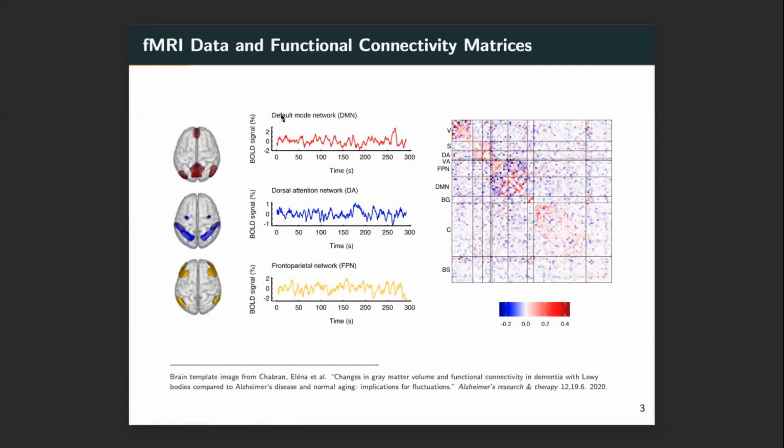So I just want to give a quick introduction to fMRI data and what functional connectivity actually is. In an fMRI study, a subject puts their head in a big scanner with a large magnetic field that aligns the hydrogen protons in the brain, creating a magnetic signal strong enough to measure.